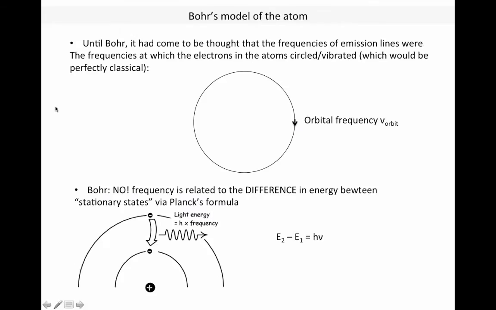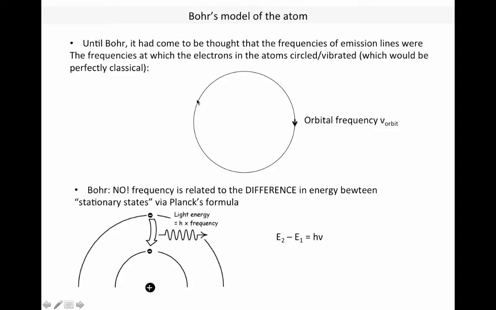Okay, so having established these rules that allow atoms to be stable, let's try and make contact with emission and absorption spectra and see if we can get some experimental evidence that Bohr's model is correct.